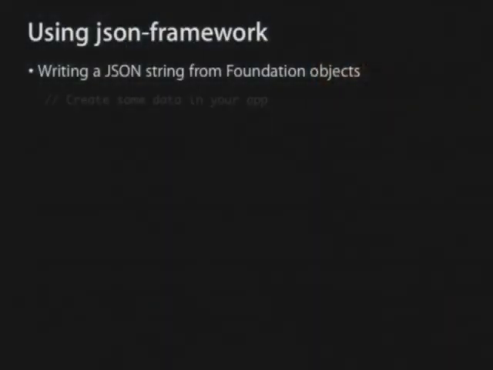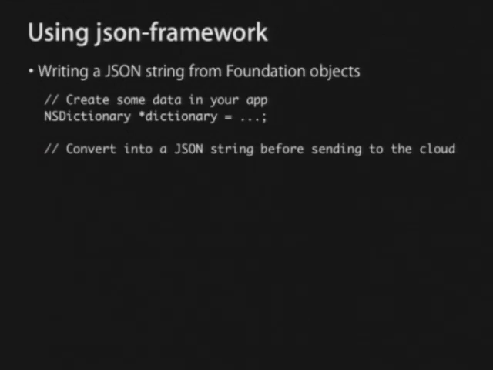If I want to write a JSON string from foundation objects, let's say we create some data in our application, in a dictionary for example, and we want to turn that into a string. There are equivalent category methods defined on NSDictionary and NSArray, which allow you to get the JSON string representation from that dictionary.